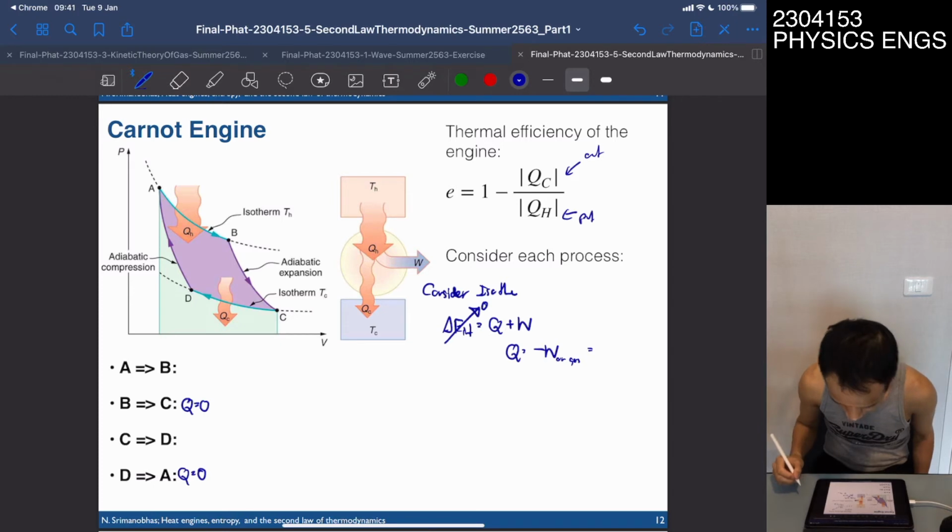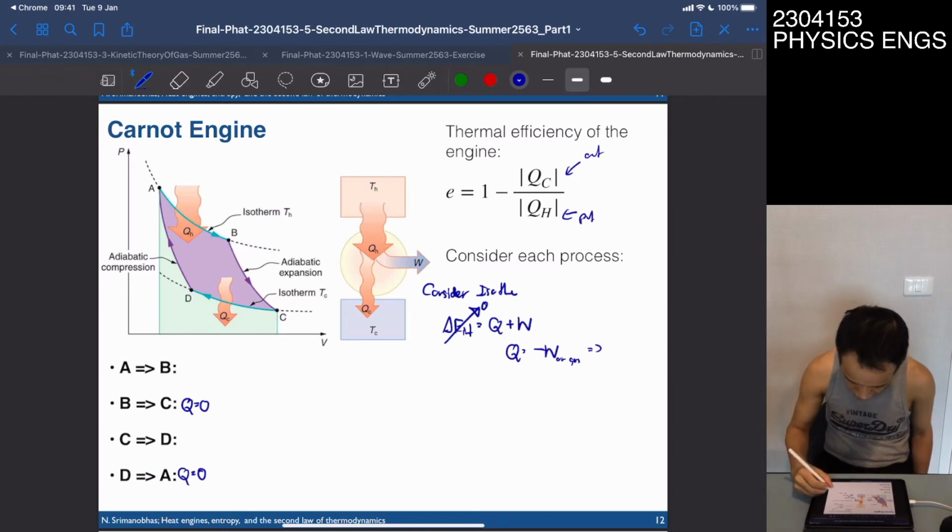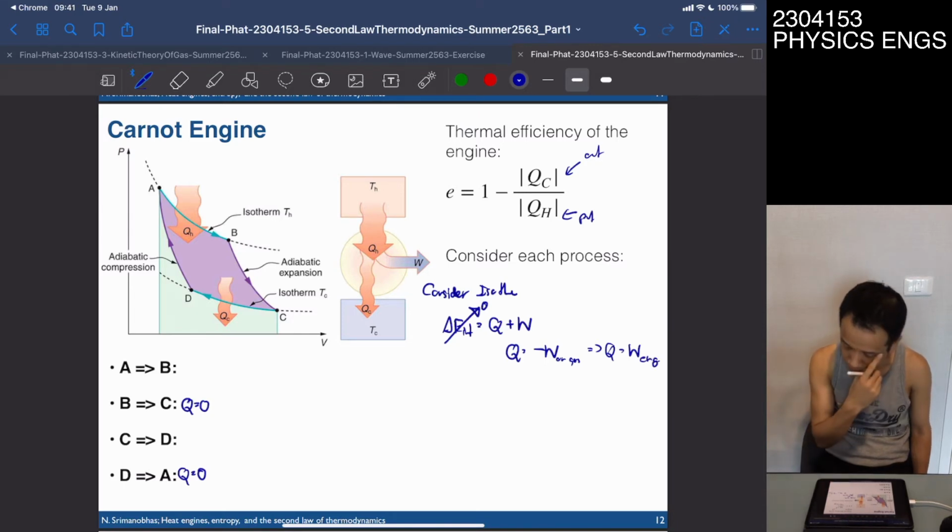Then you convert its sign, so Q equals W, and this is W of the engine. If you can find the work done, you have the Q, and you take the absolute value. If you missed the concept of the sign, it's fine, but it's better that you don't miss it.